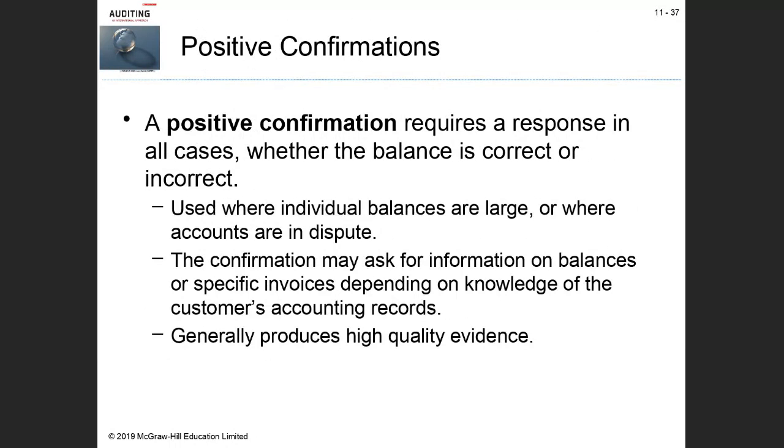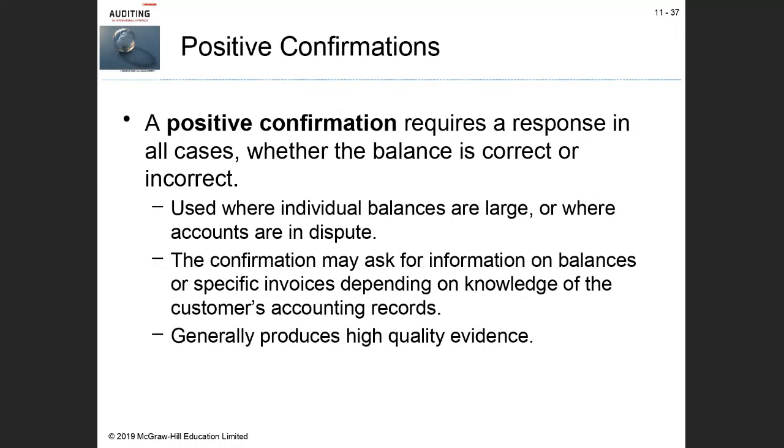So that's why, again, the bank confirmation is so important. It's going to disclose whether the accounts receivable have been pledged or not to the bank. And normally accounts receivable and inventory are both pledged. So that's important information from the bank confirmation.